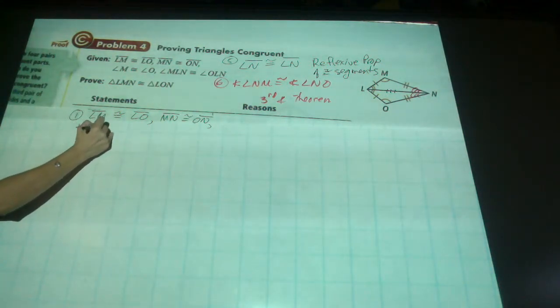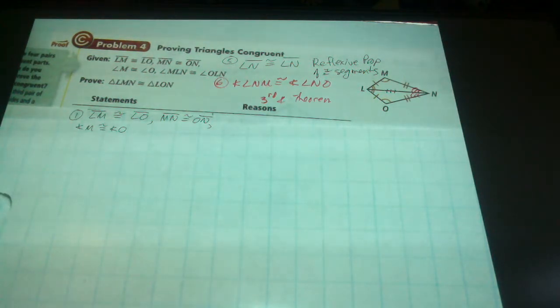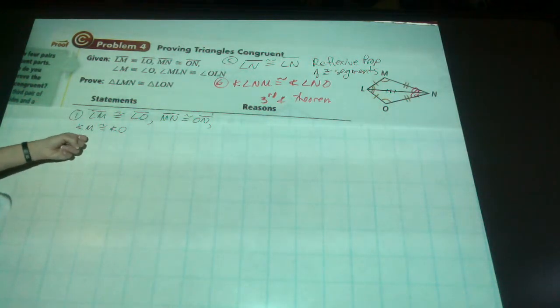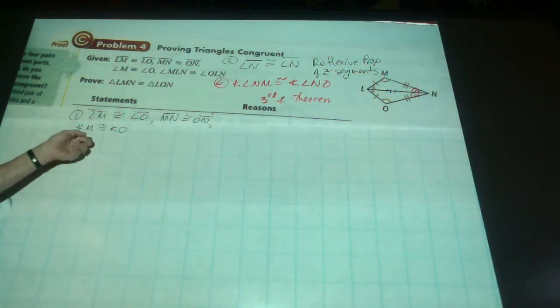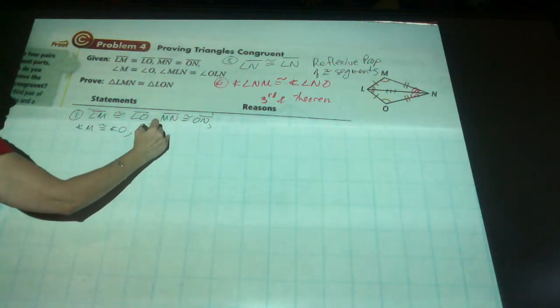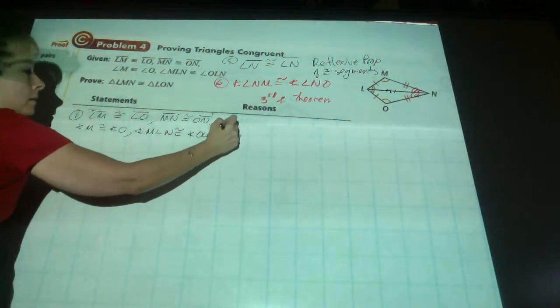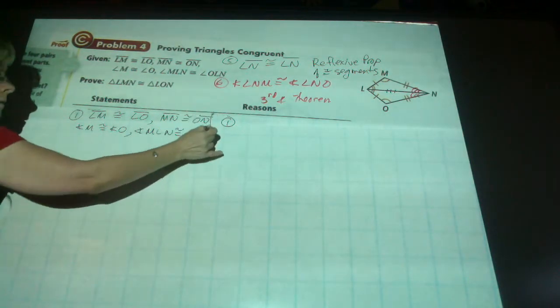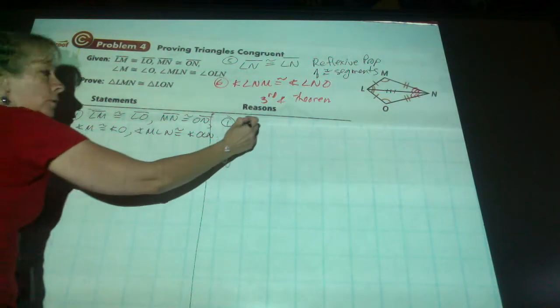Angle M is congruent to angle O. How come I can name M and O just M and O, and I don't have to name it LMN? It's the only angle at angle M, right? So that's the reason why we can name it that way. And then angle MLN is congruent to angle OLN. Why? Given. Should always be your first reason.